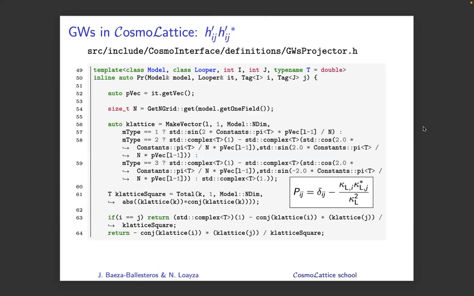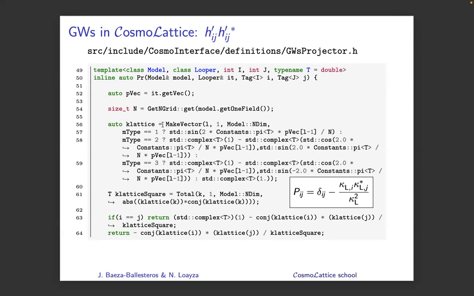And then, in a slightly more complex way, the projection of the U fields to the actual transverse traceless fields, the ones that we want to compute in order to obtain the power spectrum, is done in a GWS projector. And for example, here you can see we are defining what P is. Basically, this is what this function does. And this function also takes into consideration which choice of lattice derivative you are taking, and it is being computed here.